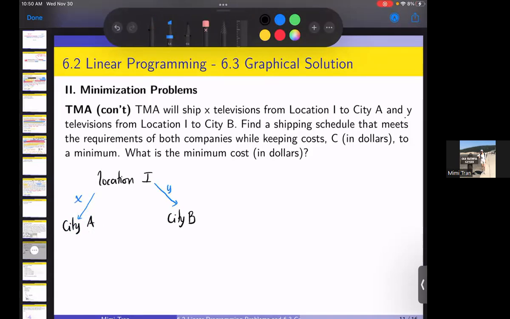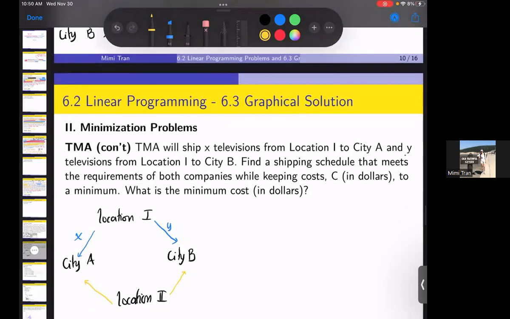Now, another question is, what is the number of TVs they're going to ship from location 2 to CDA and location 2 to CDB? So down here is location 2. I don't know how many yet, we'll figure it out. Let me ask you a question.